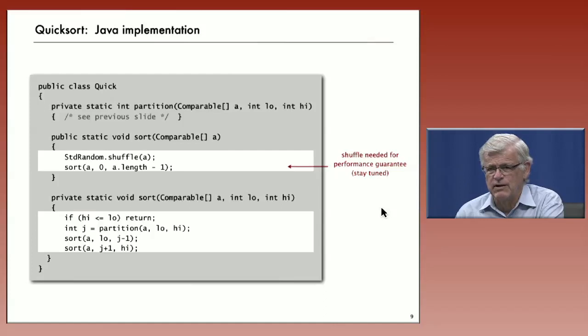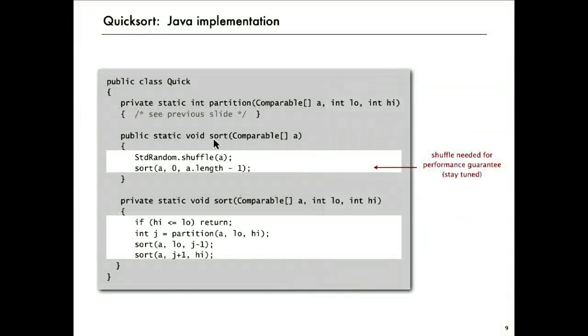Now, Quicksort itself is going to be a recursive program that uses that partitioning method. The first thing we do is the public sort method that takes the array of comparable items as its argument. It's going to do a shuffle, and that shuffle is needed to make sure that we can guarantee that the performance is going to be good.